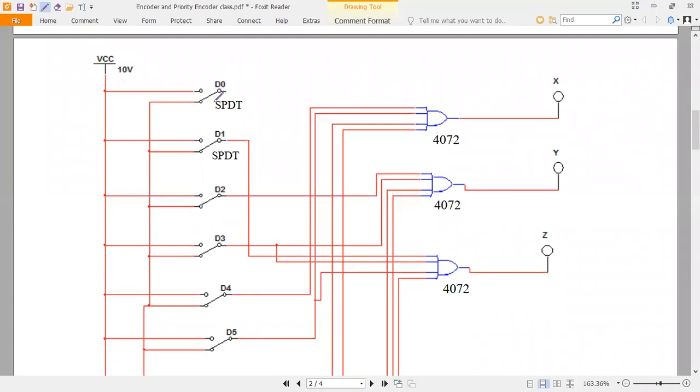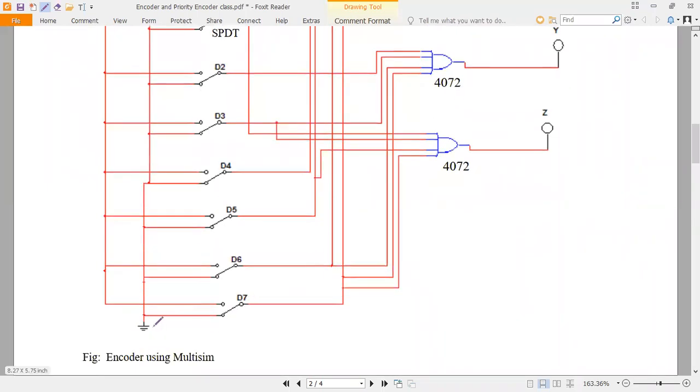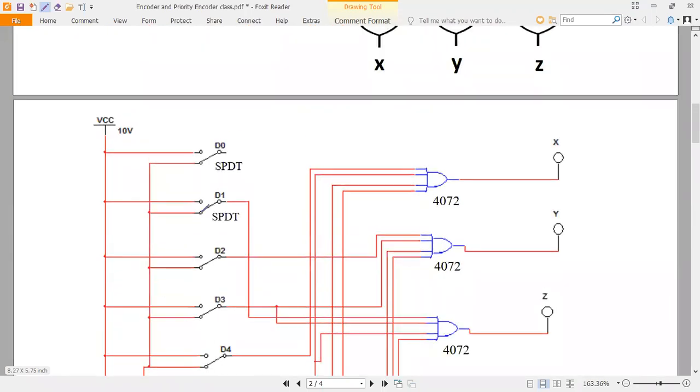Now here, when the switch is connected to VCC, suppose D0 is connected to VCC, then D0 will be having a logic 1. Now here D0 is connected to ground, so it will be having a value of logic 0.